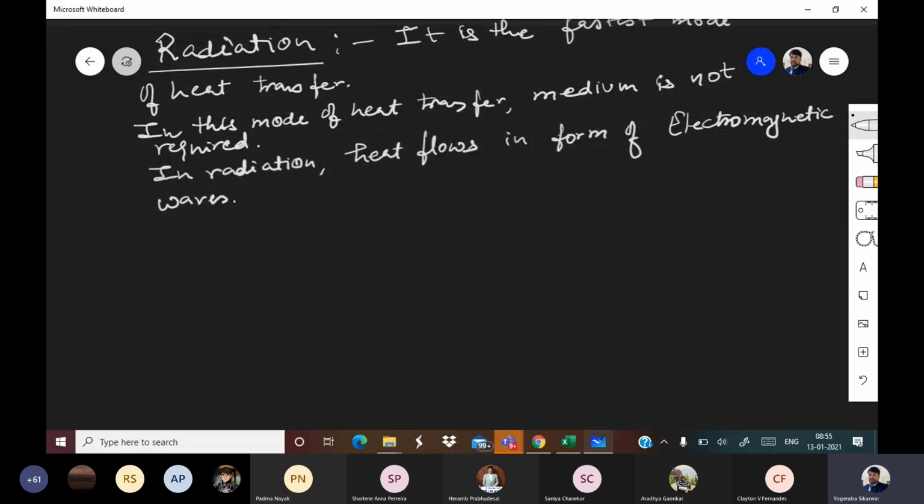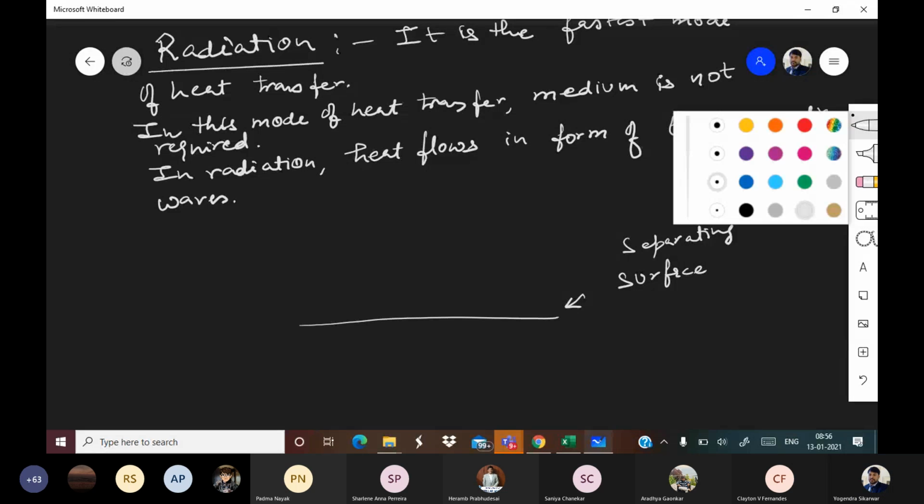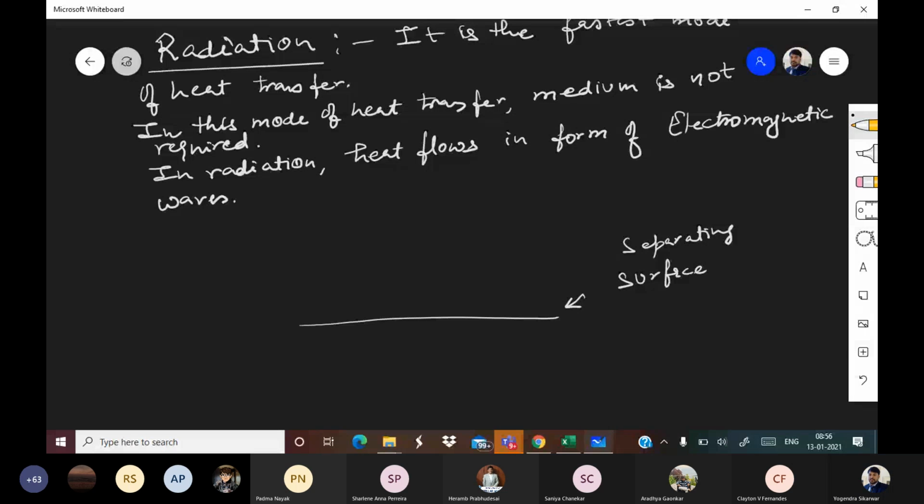Pay attention. Suppose this is some surface, or you can say a separating surface. Now heat is falling on it. This is incident heat.